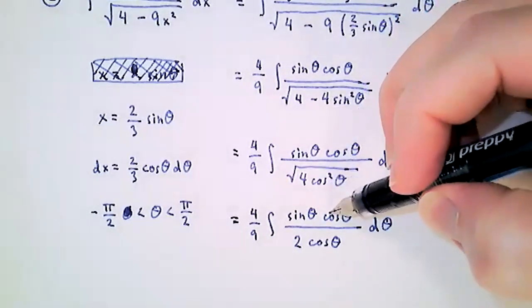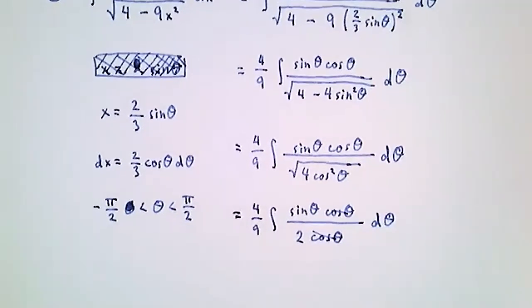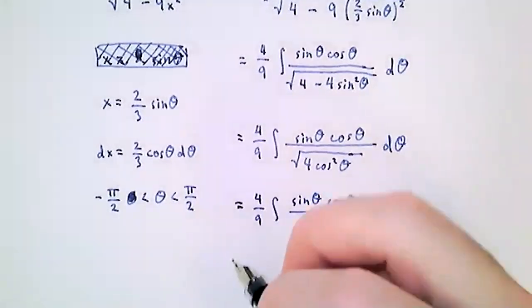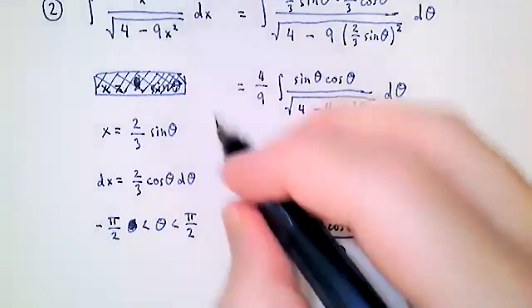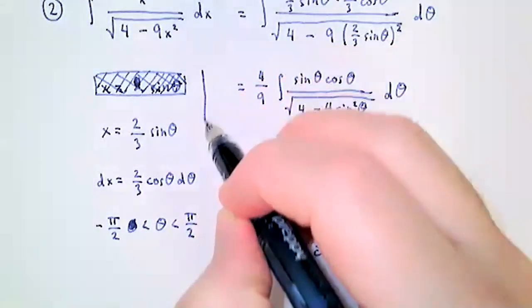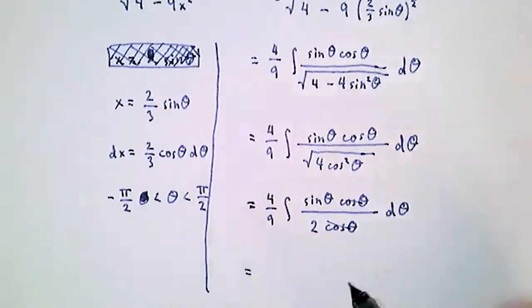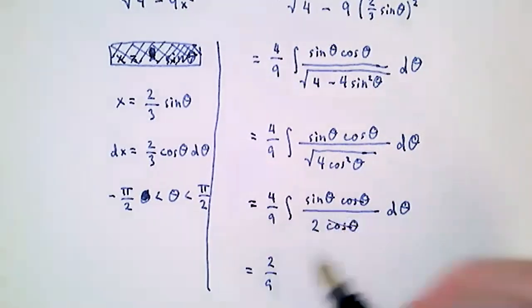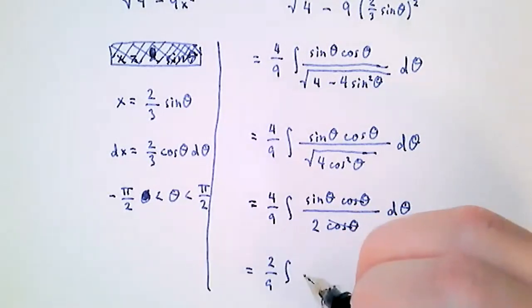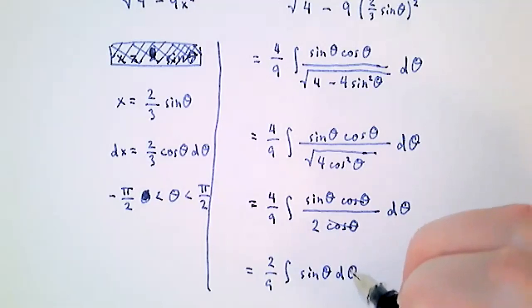Because now it cancels. Our cosines cancel. And our integral at this point is much simpler. We have another constant that we can move to the outside, this 1/2. So we have 2 over 9, and then inside the only thing that's left is a sine function. We have a sine theta d theta.